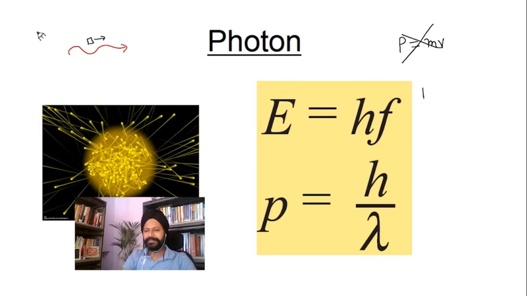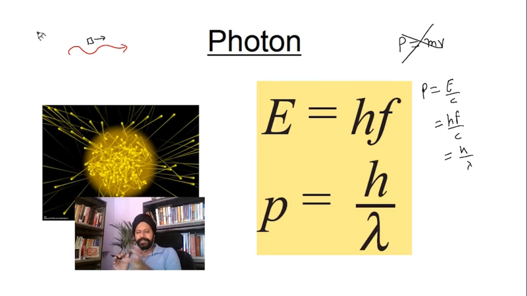So momentum is going to be energy divided by the speed of light, E by c. That comes out to be hf by c, or you can also write it as h divided by the wavelength. So a photon has energy equal to h times the frequency, and momentum equal to h divided by the wavelength of the light. And these are very, very tiny numbers, right?